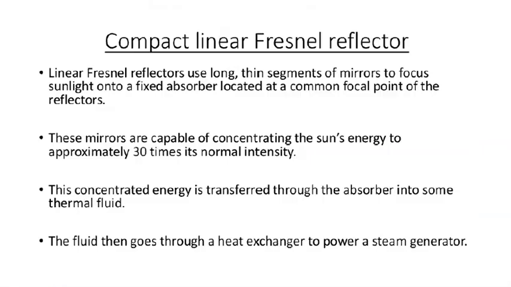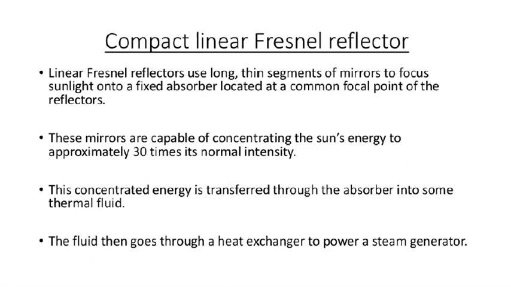And next, coming to the compact linear Fresnel reflector. Linear Fresnel reflectors use long, thin segments of mirrors to focus sunlight onto a fixed absorber located at a common focal point of the reflectors. These mirrors are capable of concentrating the sun's energy to approximately 30 times its normal intensity.